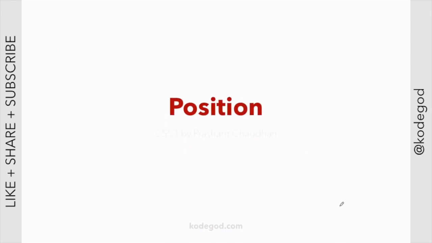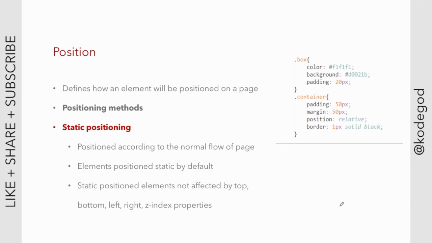Then we have position. Using position, you can define how an element will be positioned on the page. There are different types of positioning. One is static. In static, the elements are positioned according to the normal flow of the page.